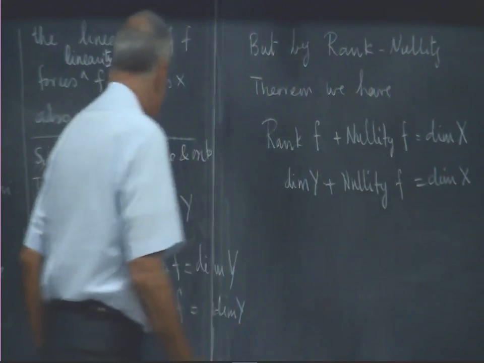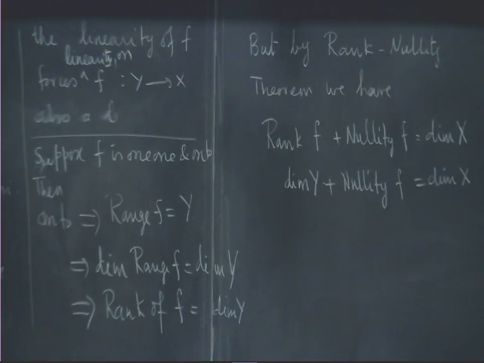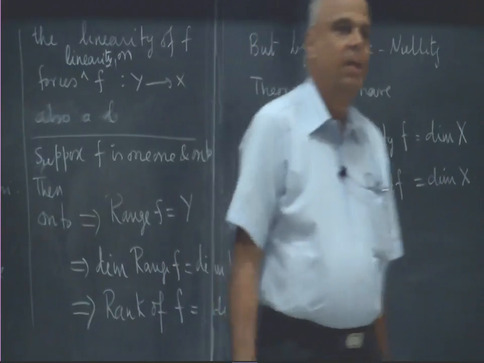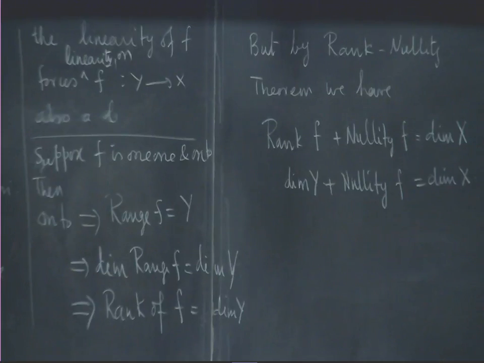So onto says that the dimension of y plus nullity of F must be equal to the dimension of x. But 1-1ness says the null space can consist only of the 0 vector. Nobody else can go to 0 because it is 1-1.